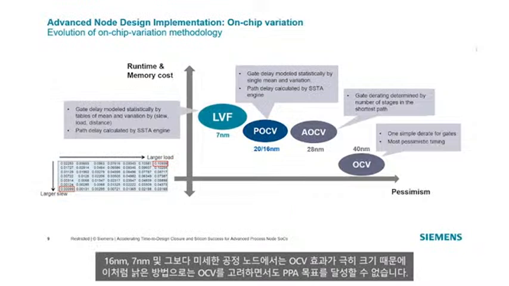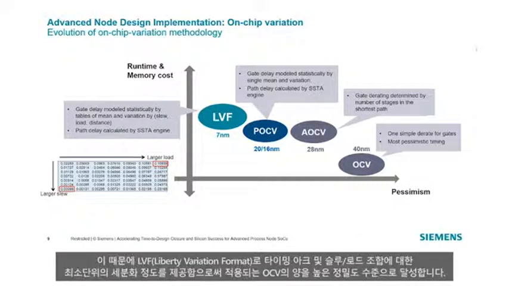At 16nm, 7nm, and smaller process nodes, due to the severity of OCV effects, it's simply not feasible to take OCV into account and still meet power, performance, and area targets with these older methods. So LVF, or Liberty Variation Format, provides the granularity per timing arc and slew-load combination needed to achieve a high level of precision on the amount of OCV applied.